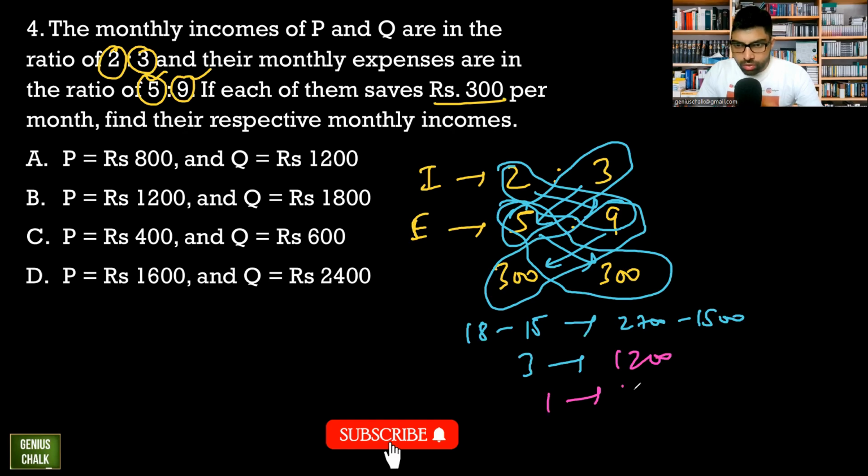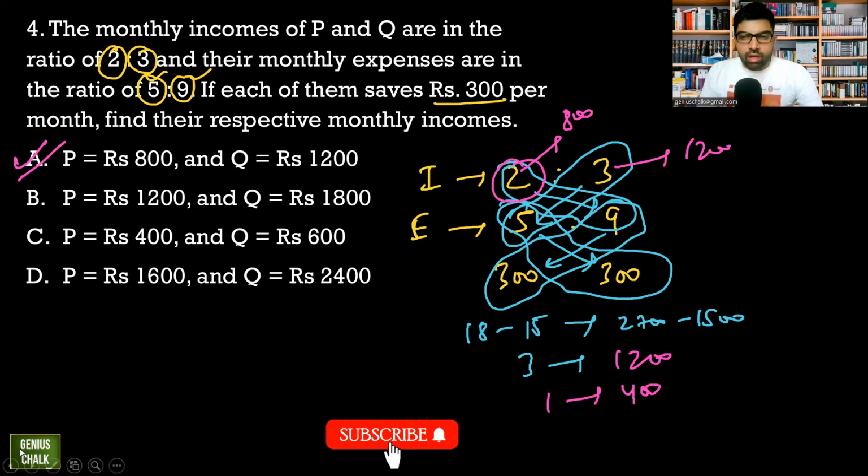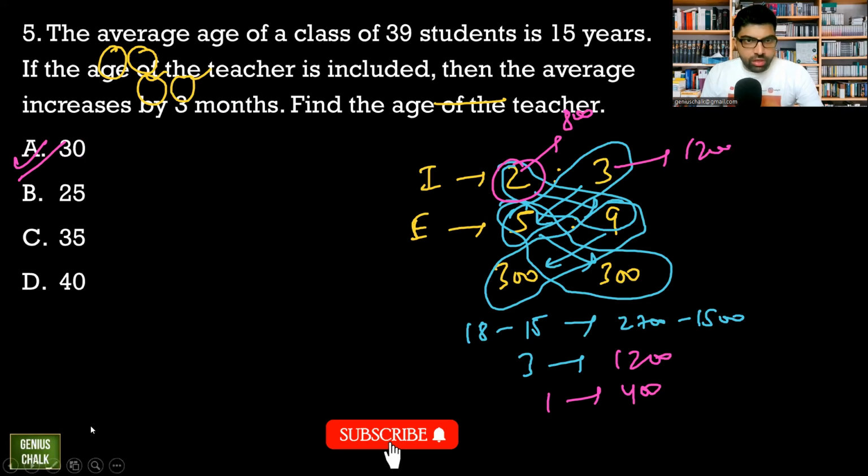So 1 unit is equal to 400. What is asked? Respective incomes. So the first value will be 2 into 400, 800. The second value, 3 into 400, 1200. So 800 and 1200, that is option A. Whenever two ratios are given and their changes are given, then we can apply this ratio difference method. This method is also called the arrow method.